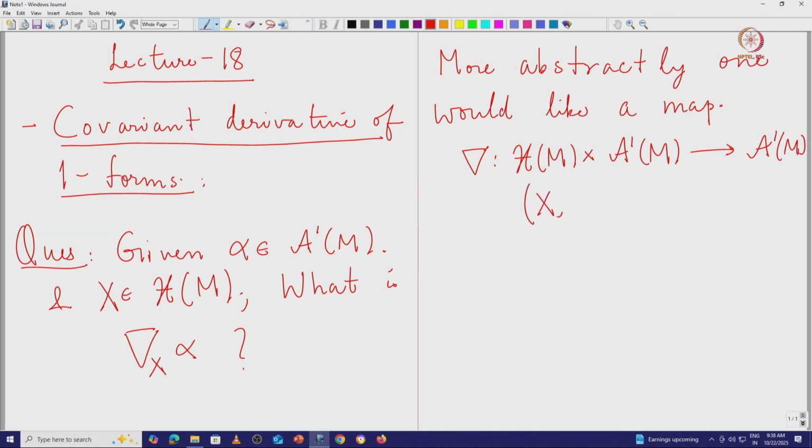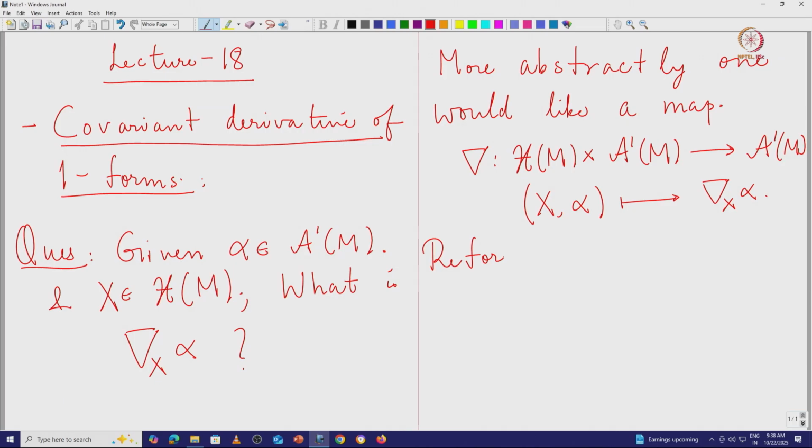Symbolically it takes in X, alpha and spits out the derivative of alpha with respect to X. So we want that derivative of alpha with respect to X to be another one form.